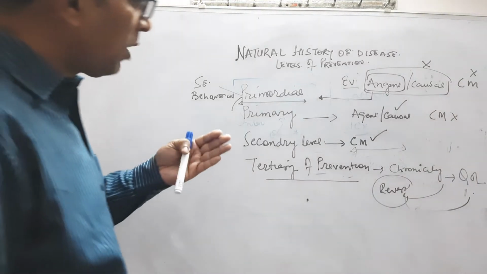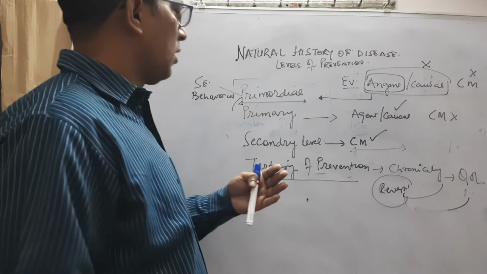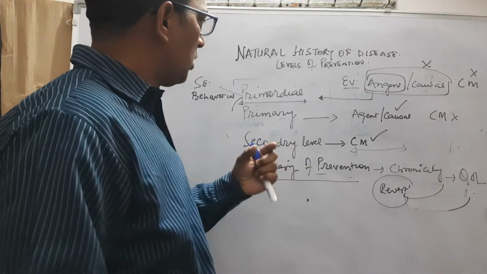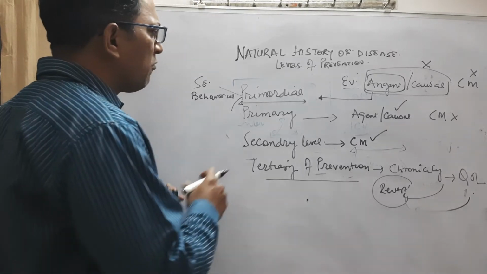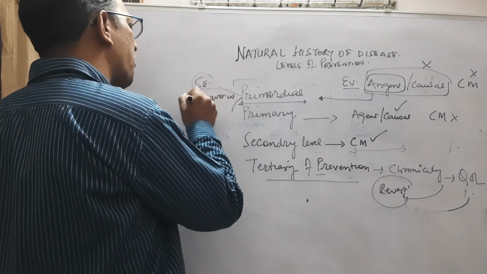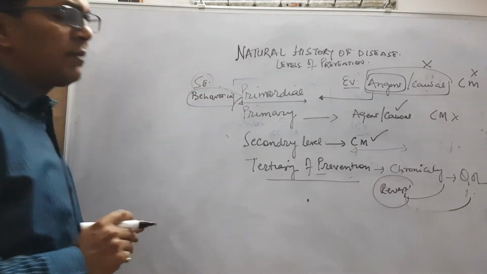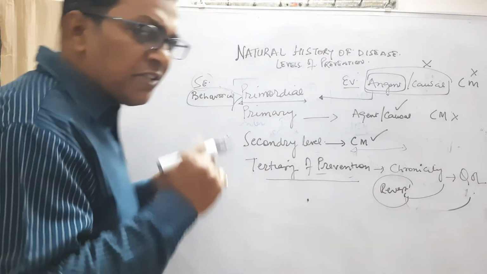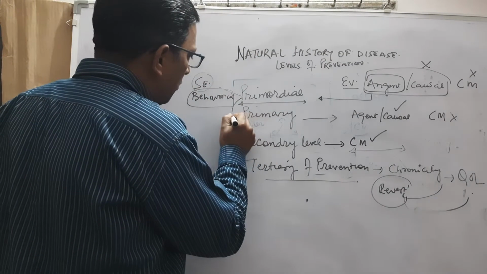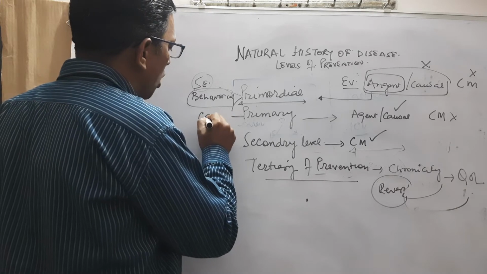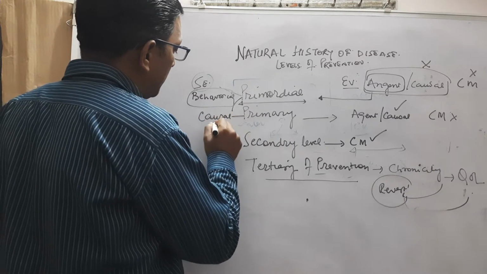Now, when we talk about the causal factors, sometimes the question comes, at what stage do you talk about them? The first stage I talk about is a very early stage, where there are only socio-economic or behavioral conditions. And at the primary level of prevention, we talk about the specific causal factors. At the stage of disease, where you talk about the causal factors.